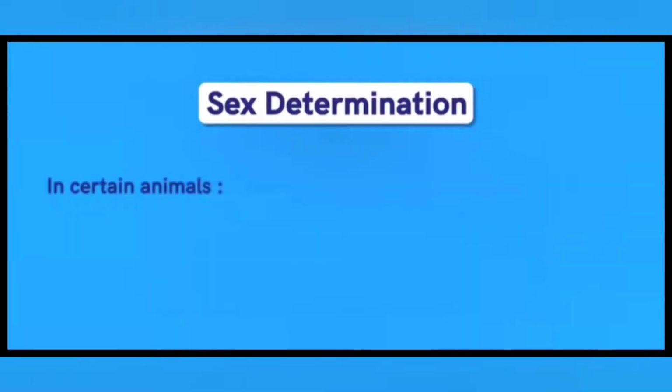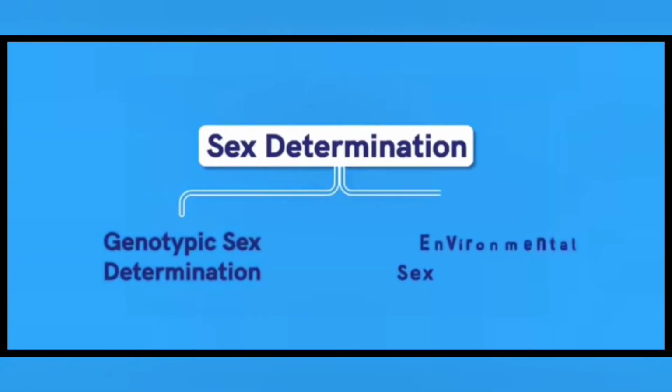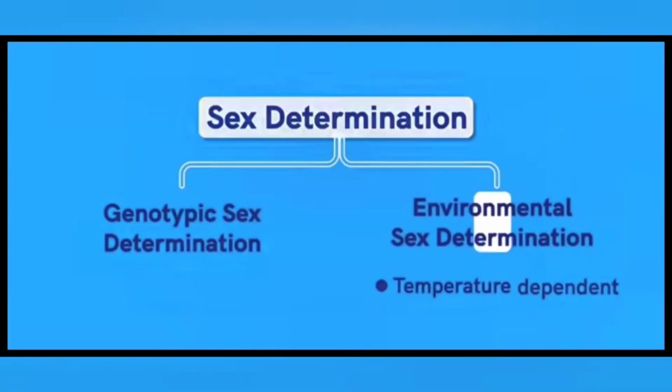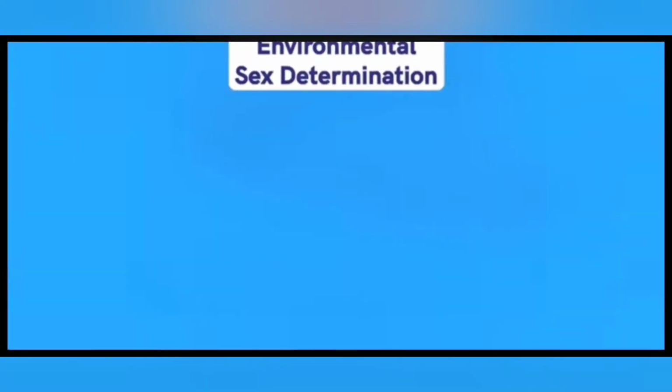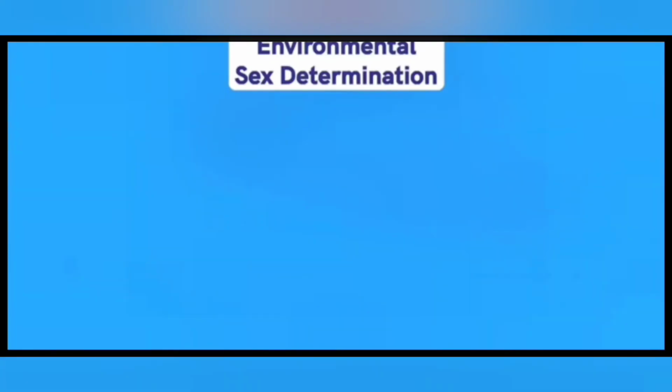Now let us see the influence of the environment on sex determination. So, in case of environmental influence of sex determination, the most important is temperature dependent. For example, in case of certain animals like reptiles, the sex of the offspring is directly dependent on the environmental conditions.